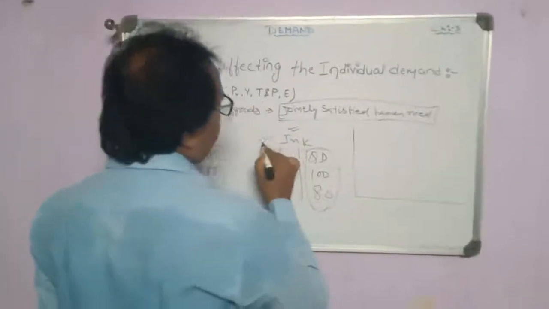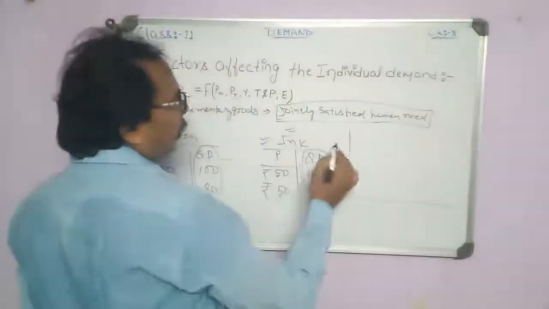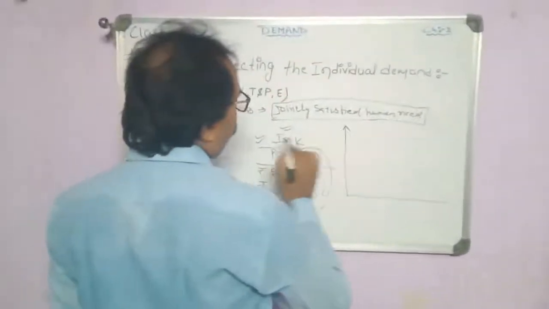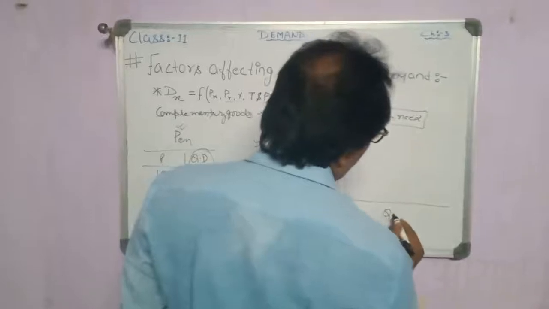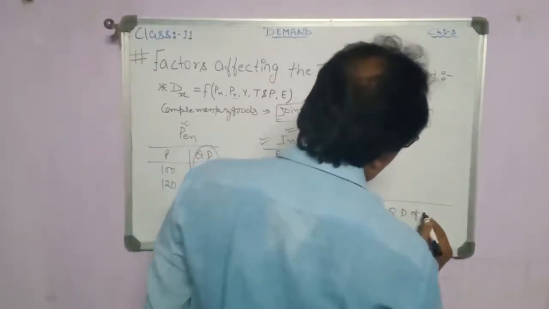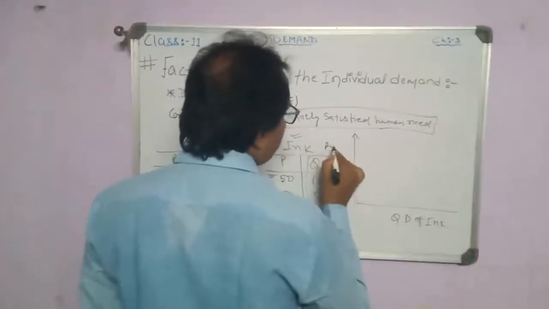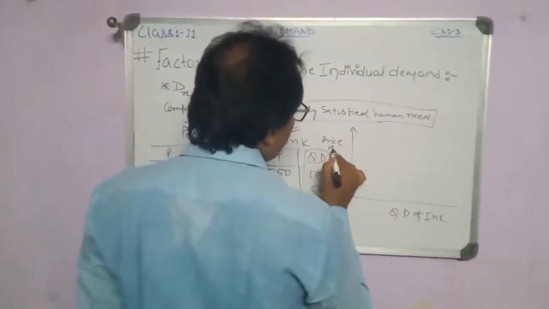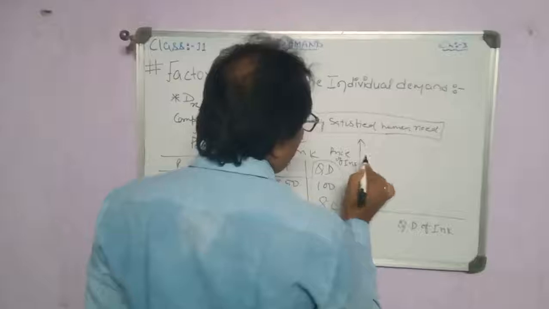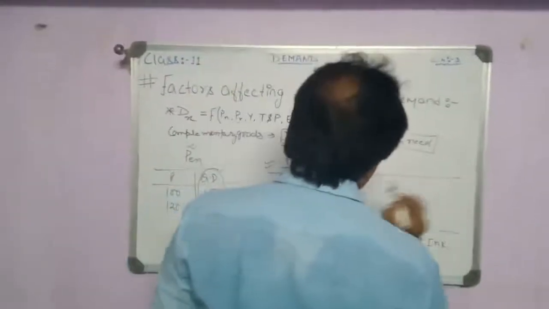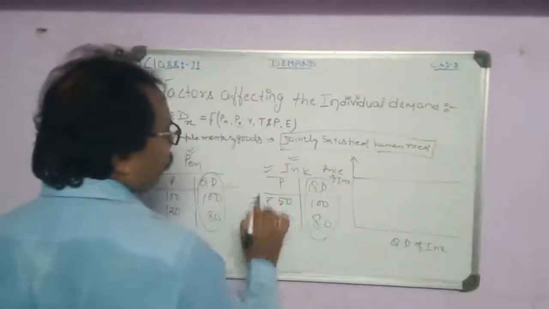Okay, so here comes the diagrammatical presentation. Again we will make the diagrammatical presentation of ink. So that is the quantity demanded of ink, and here that is the price of ink. Again the price is constant, that is rupees 50.